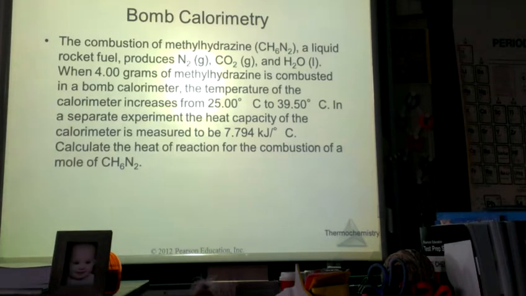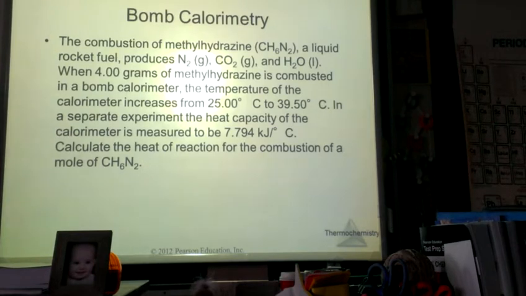In a separate experiment, the heat capacity of the calorimeter is measured to be 7.794 kilojoules per degree Celsius. Calculate the heat of reaction for the combustion of 1 mole of CH6N2, or methylhydrazine.